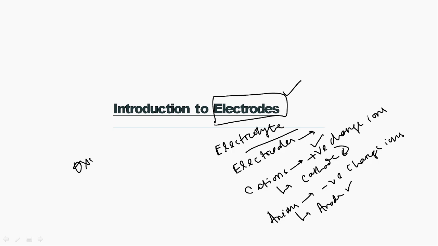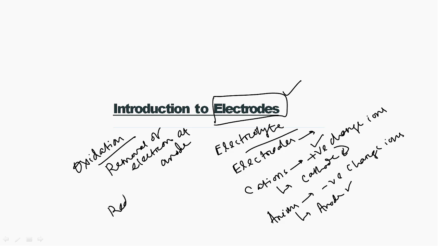First is the process of oxidation, which is the removal of electrons at the anode, and your next one is reduction.